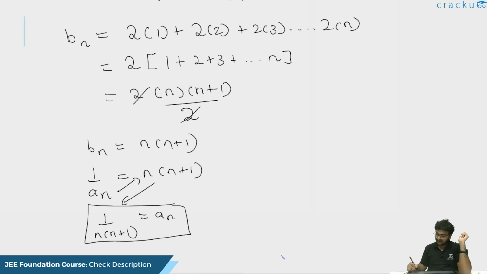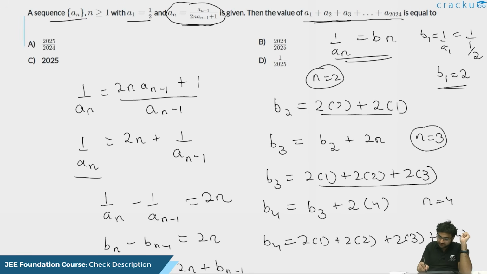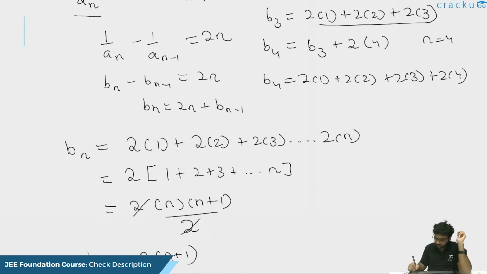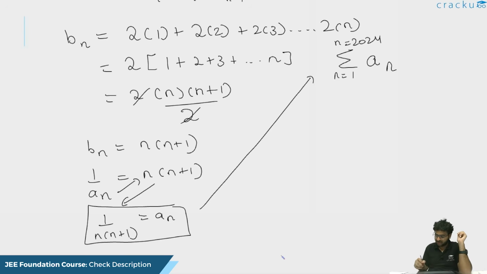Now what is asked? We have been asked the summation of the first 2024 terms. So summation of first n terms, where n belongs to 1 to 2024. Okay. So we have been asked this.